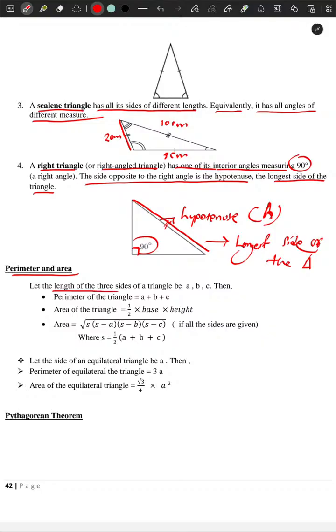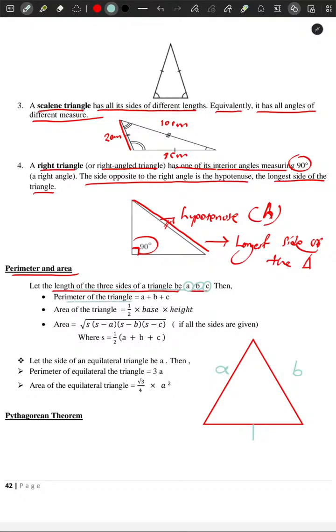Let the lengths of the three sides of a triangle be a, b, c.